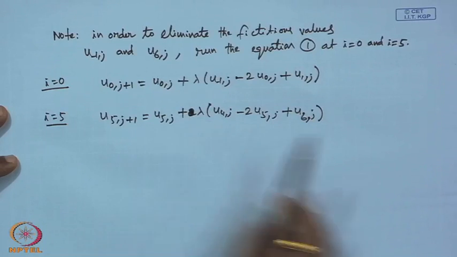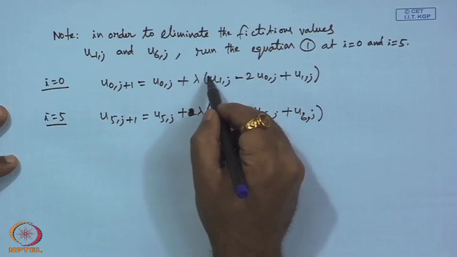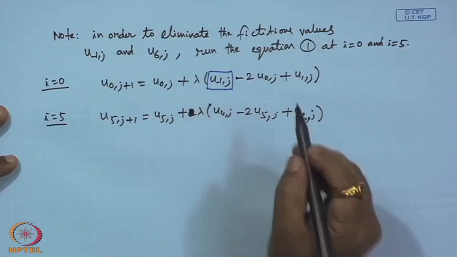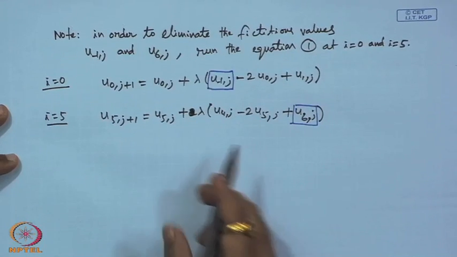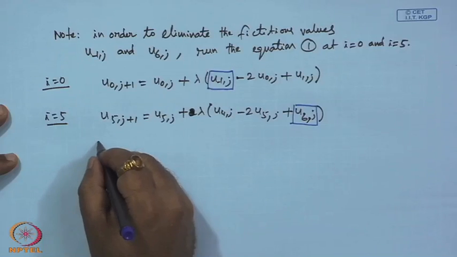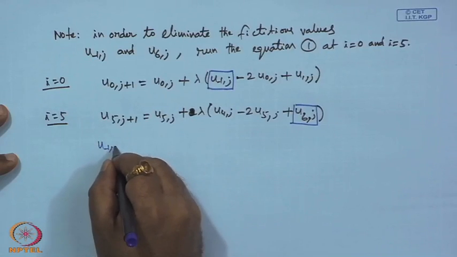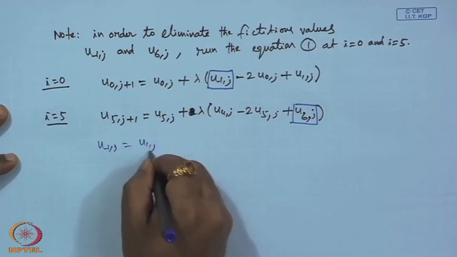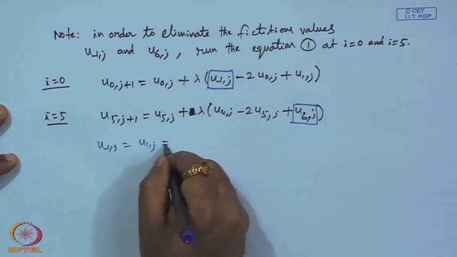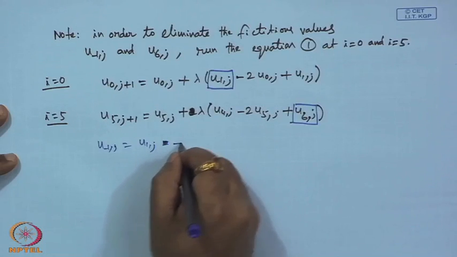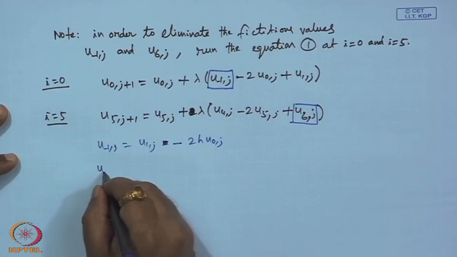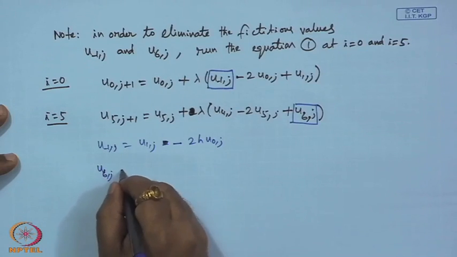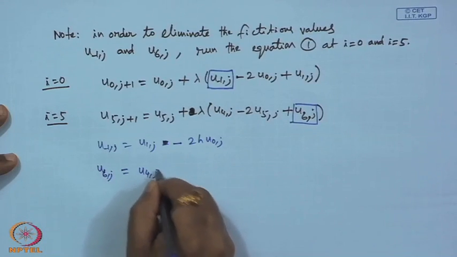Okay. So, we have the fictitious value here, we have the fictitious value here, then we had minus and u 6 j equals to u 4 j.